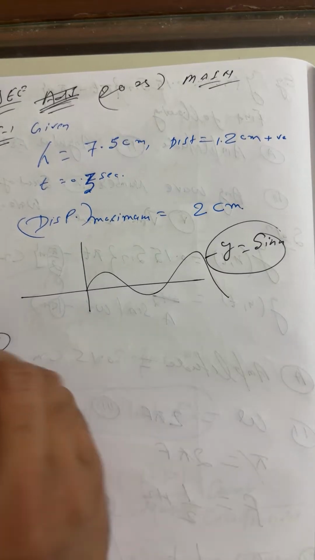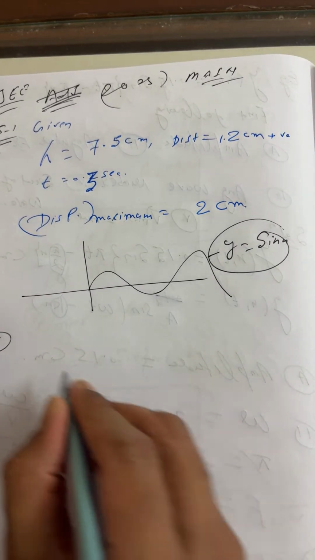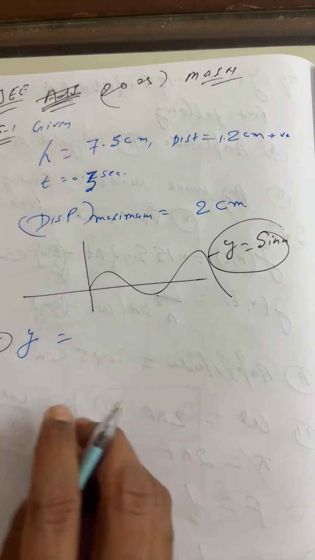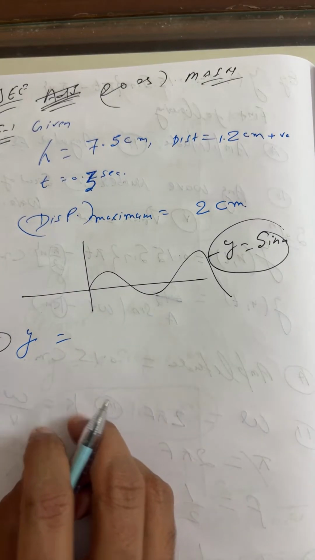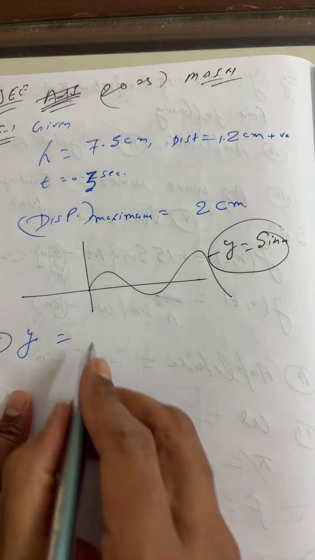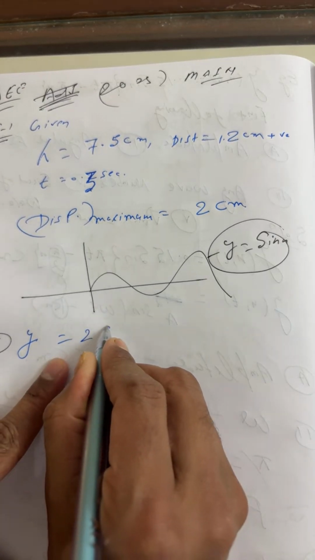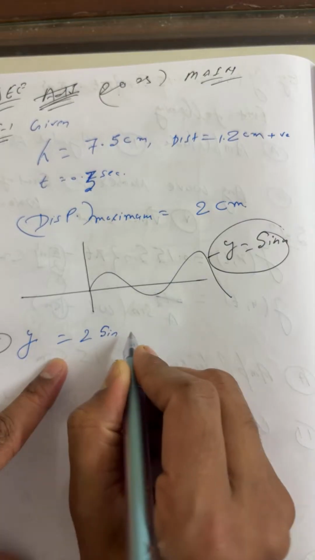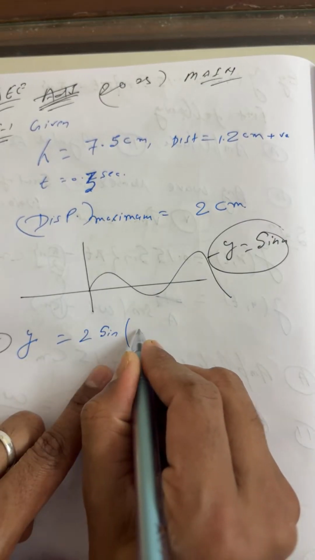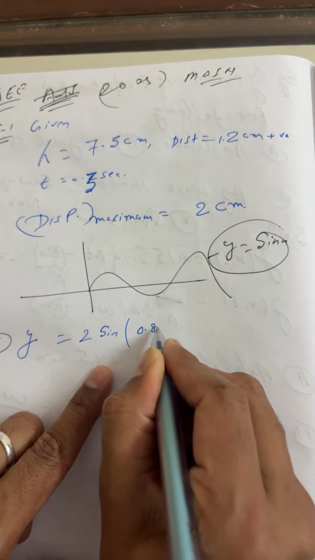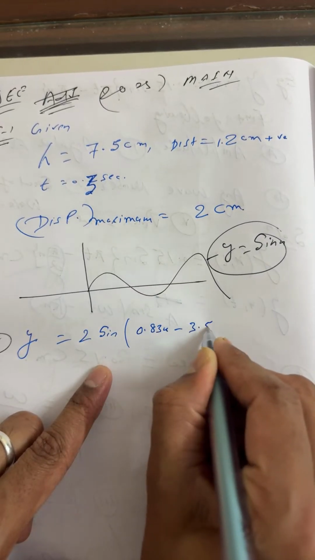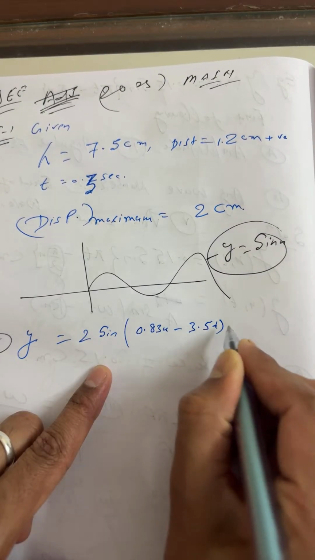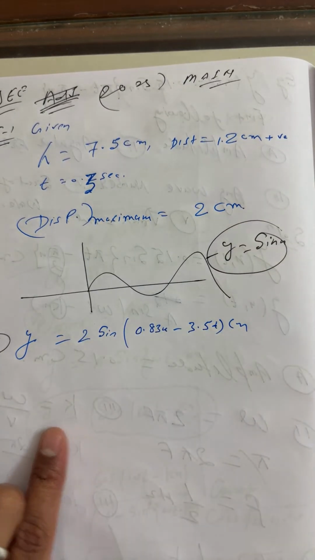So what is option first here? As mentioned in the question, y equals 2 sine of 0.83x minus 3.5t, in centimeter.